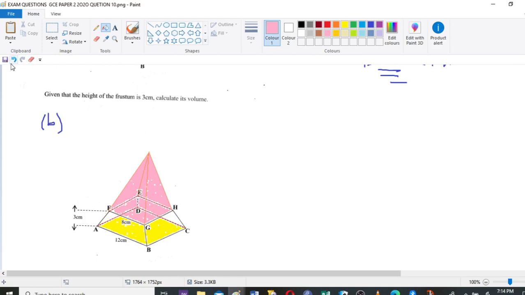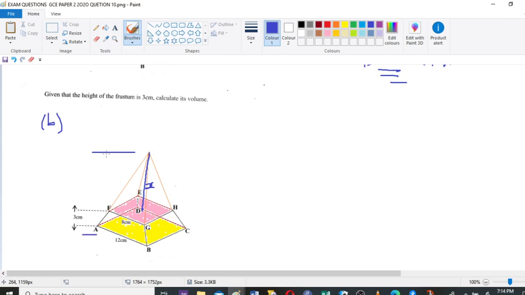If that's the case, then to solve that, we are going to use ratios. Now here, one thing you have to note is that we have the height, which we can call x, for the top part, and we have the height which goes from the top here to the bottom.